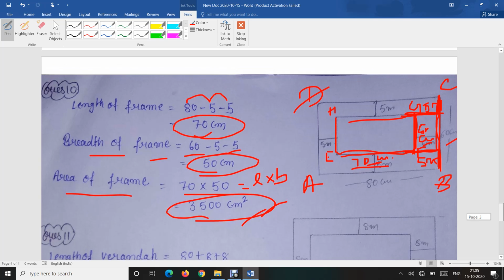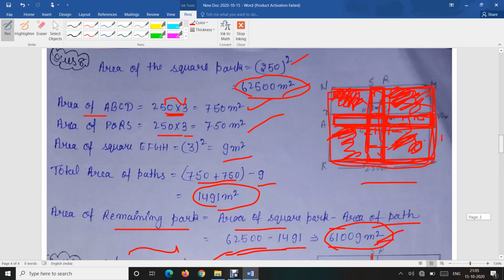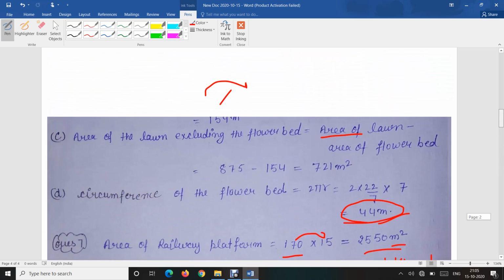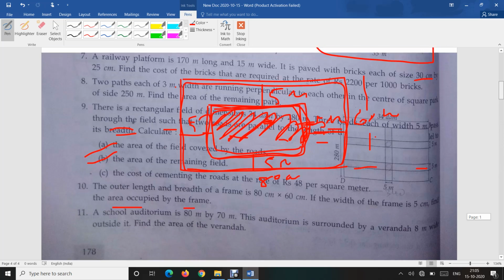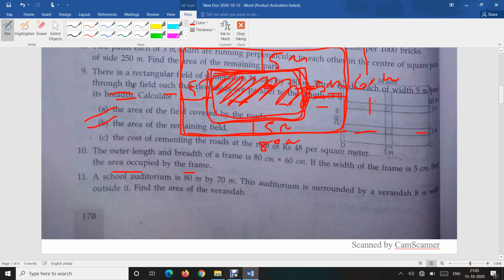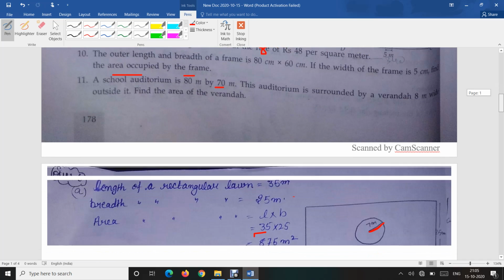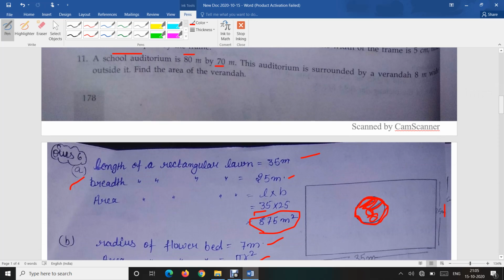Now let us move towards the next question, which is question number 11 of exercise 14.5. The question is saying: a school auditorium is 80 meter by 70 meter.